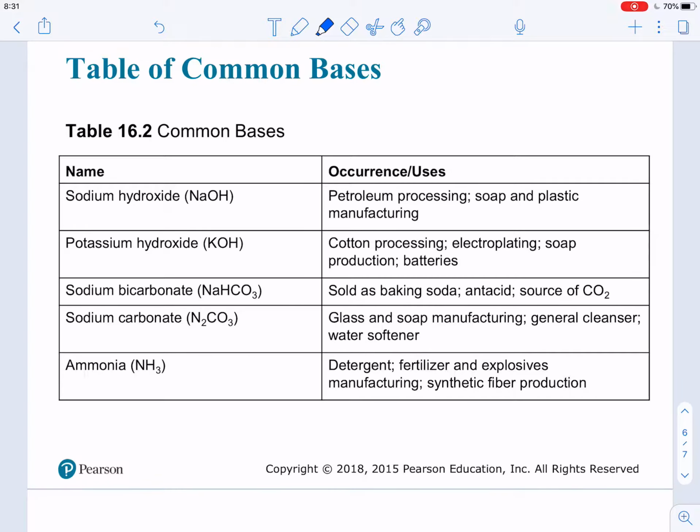For the most part, the other ones, sodium hydroxide, potassium hydroxide, and the carbonate, don't really have a particular smell. But baking soda is something that you use on a daily basis. Well, not daily basis, but it's a common household product.